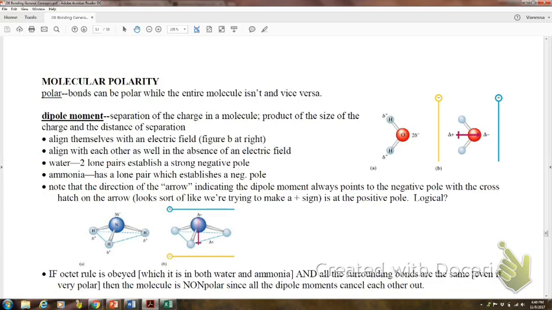So if we look right here, we know that the oxygen gets the electron more because it's more electronegative. So we get these slightly positives and these slightly negatives right here that show that our molecule is not sharing equally. So we draw our vector arrow right here, and we always draw from the positive toward the negative.